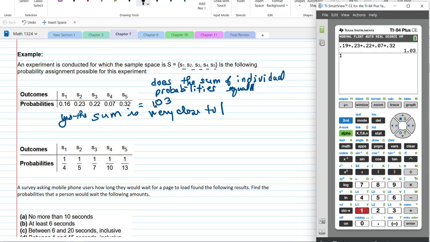1 divided by 4 plus 1 divided by 5 plus 1 divided by 7 plus 1 divided by 10 plus 1 divided by 13.